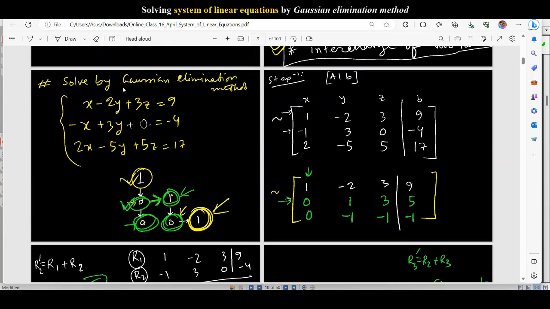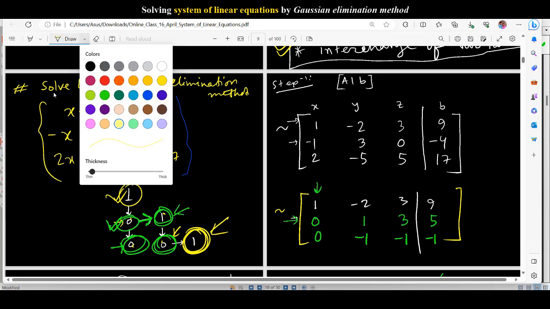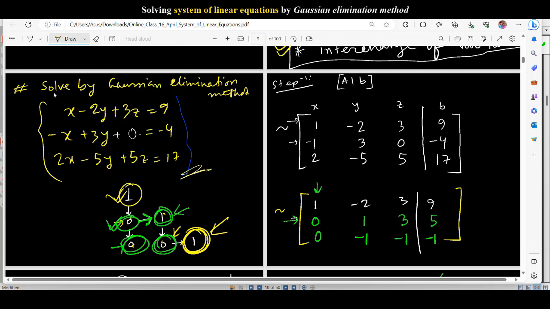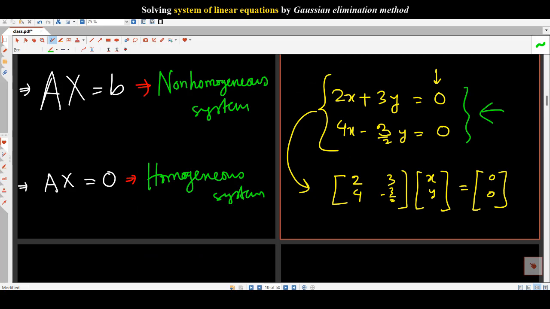If we think about this problem that is already solved here, so you can see that the system that we have here, that is with three equations and with three variables, but we have converted the system in a matrix form. So that is the important case that I want to share here.